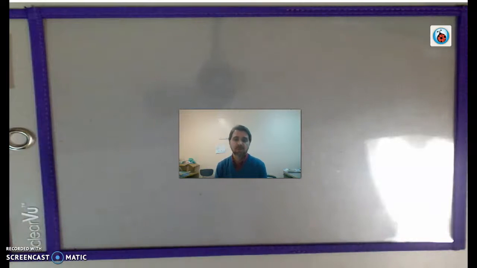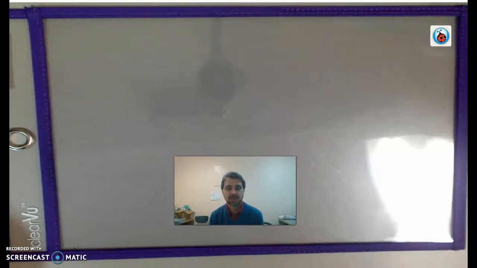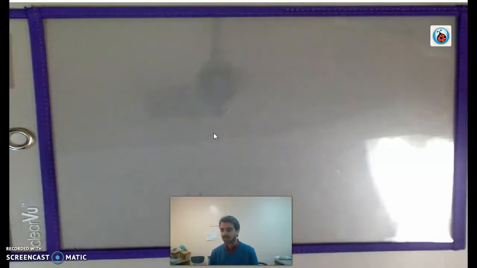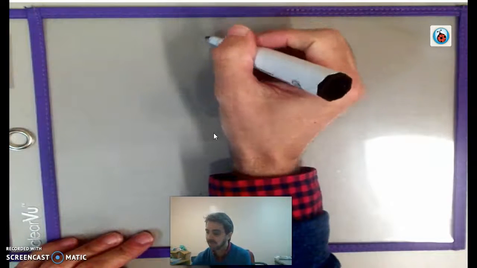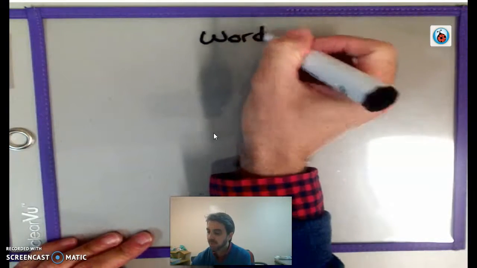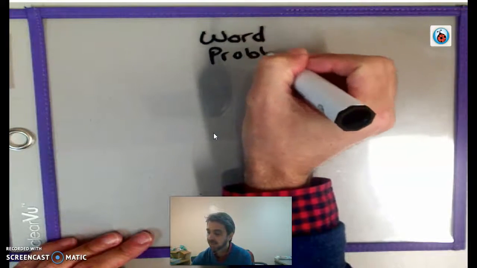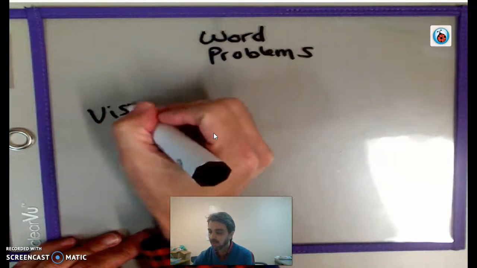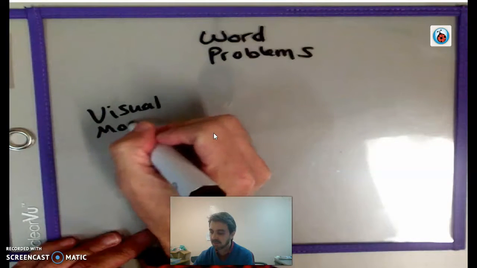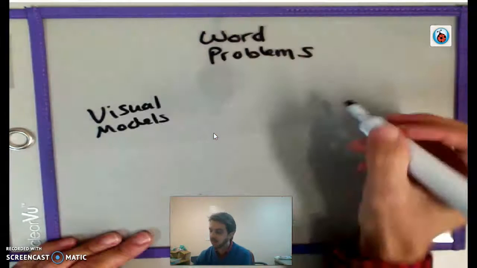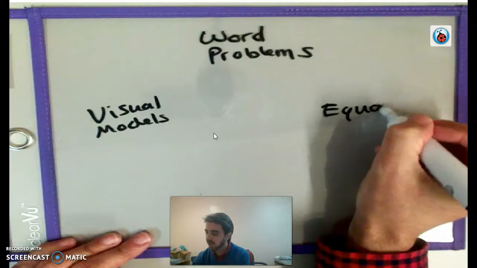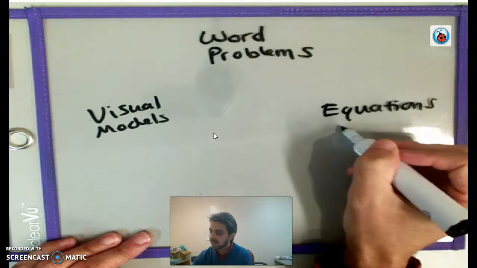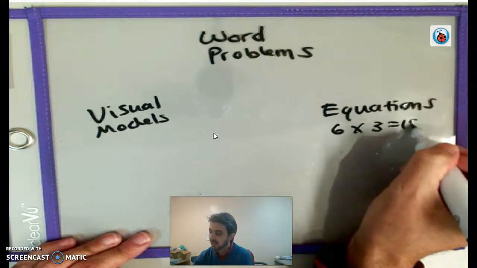So what we're going to be doing this week is looking at those 3 parts of multiplication and division and how they connect. So, for example, we have word problems, and we have visual models, and then we also have equations, like I said, 6 times 3 equals 18.